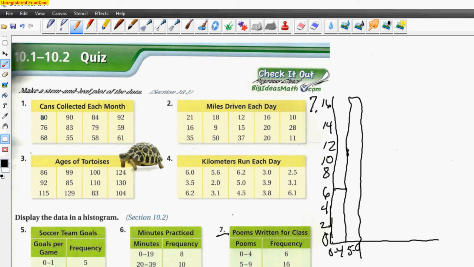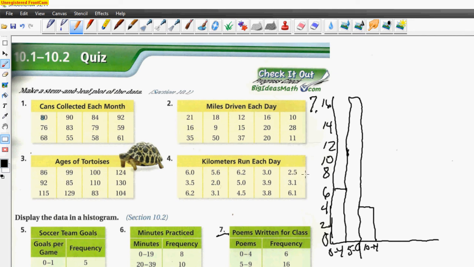So what's our next category? It looks like it is poems 10 through 14, and that was what? 4. 4 of them. So I'm going to put that right there. And I'm going to come down right here. And that right there is 10 through 14. Okay. All right.